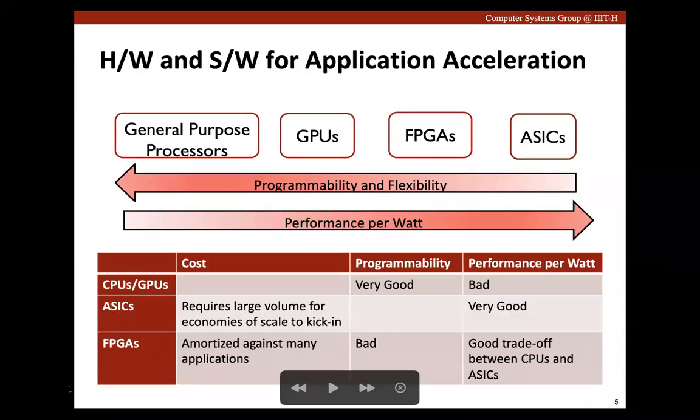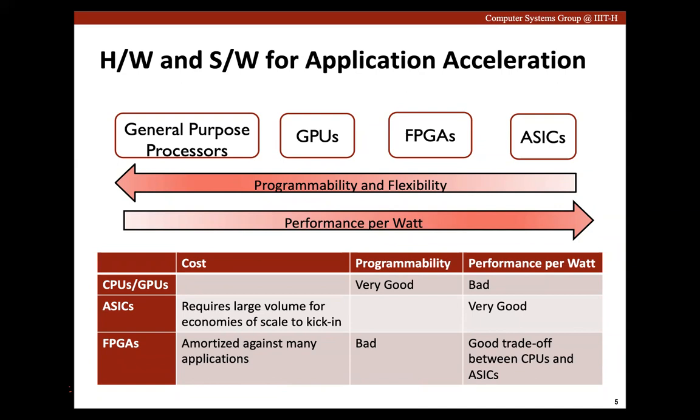So we need good performance, and at the same time, it should be energy efficient. Considering the options available, general purpose processors, GPUs, FPGAs, ASICs, as we move from right to left, the programmability and flexibility increase, but the performance per watt goes down. As we move towards the right, the performance per watt is really good.